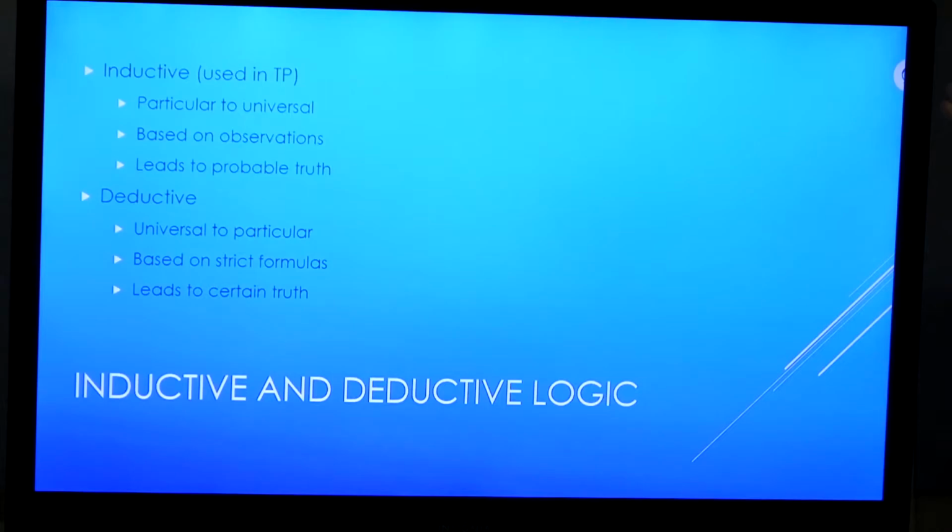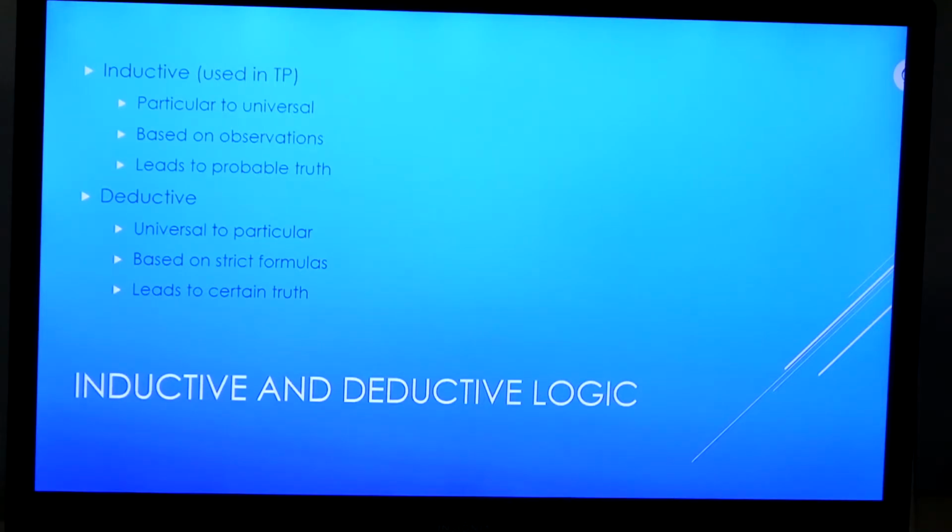In team policy, we're using inductive logic. So it's from the particular to the universal. You're using an example of something, kind of small, and applying it to something larger. So the particular to the universal.